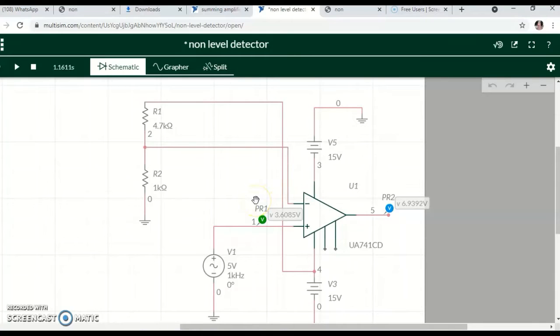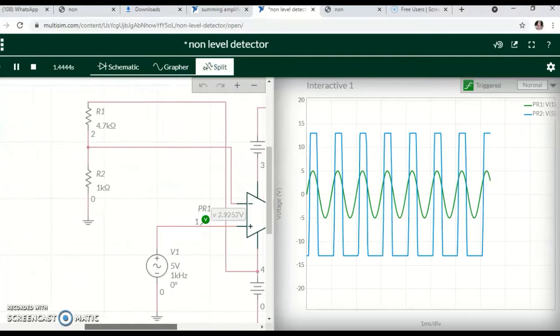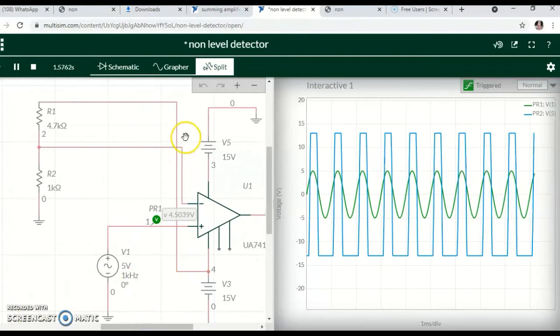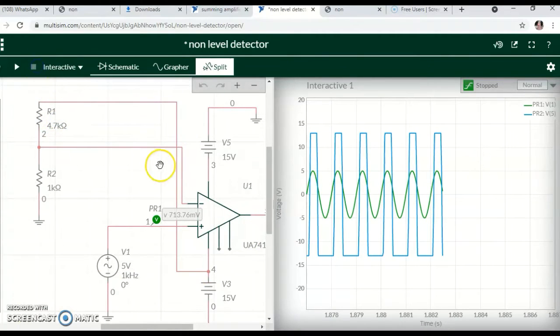To calculate Vref, it equals R2 divided by R1 plus R2, times positive V. In this case, positive V is the positive op-amp DC supply. In this circuit, R1 is 4.7 kilo ohm and R2 is 1 kilo ohm.